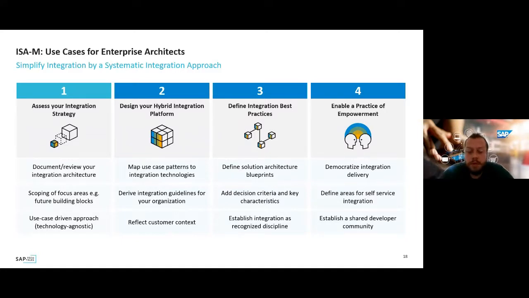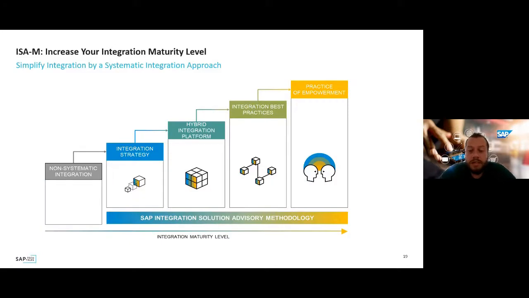Too much theory. Let's start to go into the detail. Those pillars are also focused on integration maturity. Level 0 is non-systematic integration, a completely ad hoc solution. Demands are coming, and each one is led as they want.